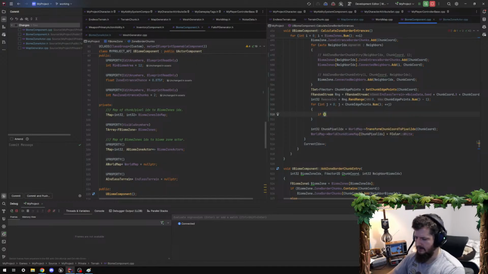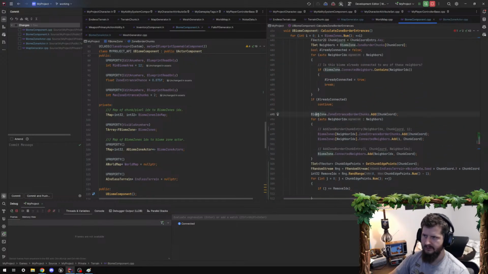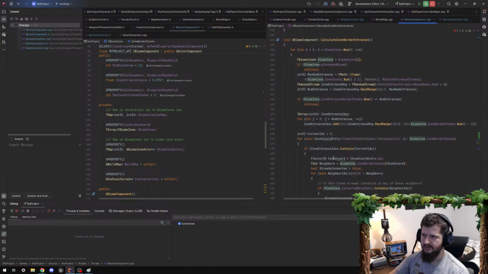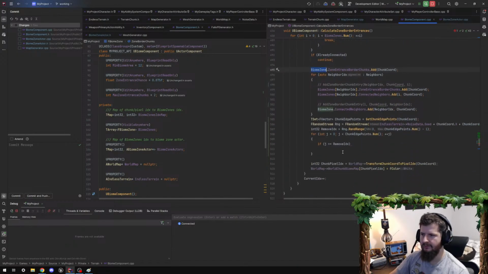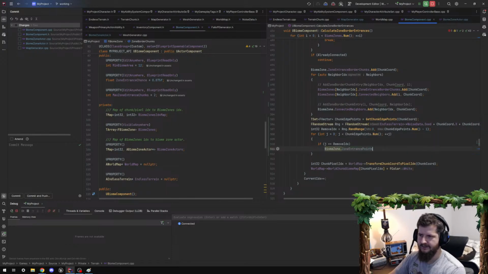Okay, so if J equals remove index, then in the biome zone, let me make sure that this is a reference. It is a reference to the biome zone, so it's going to be mutable. Biome zone dot zone entrance points dot add this point. Now I realize I need a for each because of how sets work in Unreal, which is so annoying.